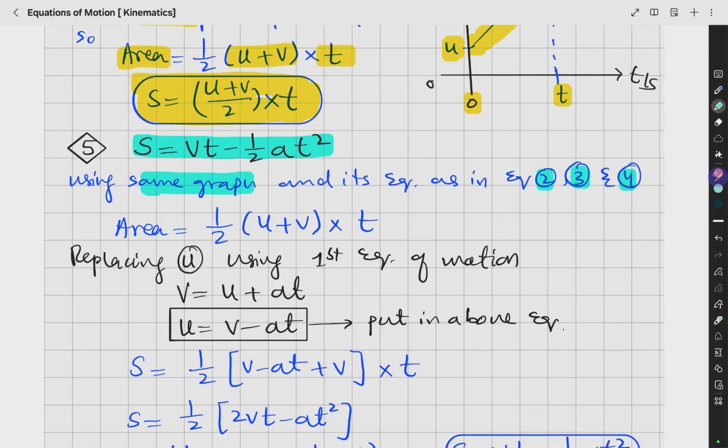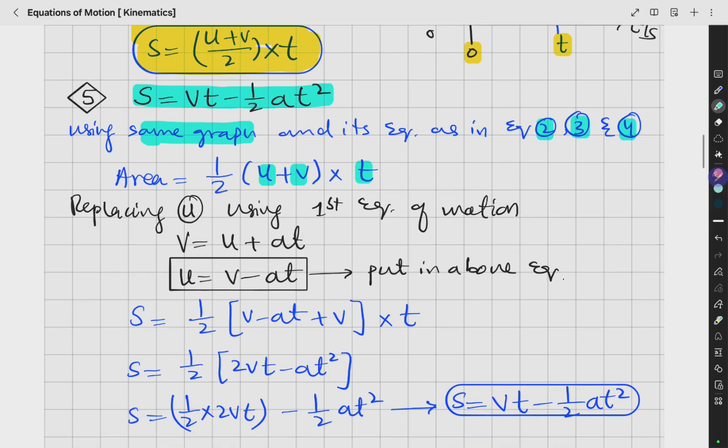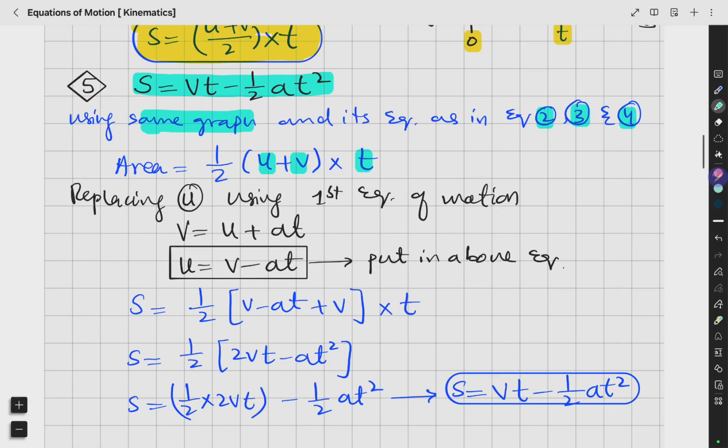So the area under the graph is half (u plus v) into t. So you replace now, because in this equation u is missing. I hope you have now got the trend: you have to see which quantity is missing from the equation, and then replace that taking the help from the first equation of motion. The first equation of motion is very important.